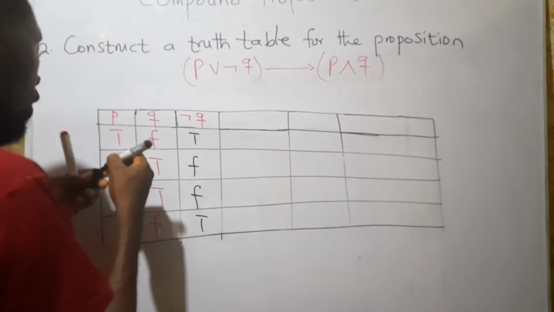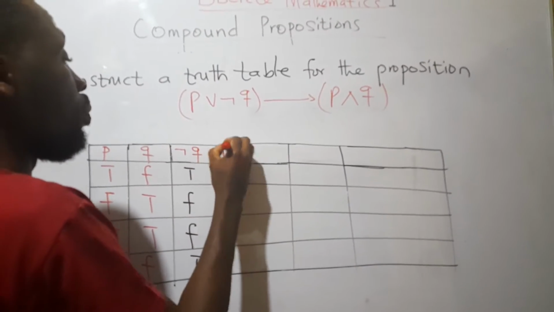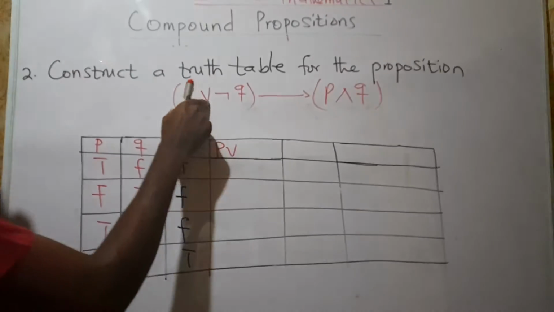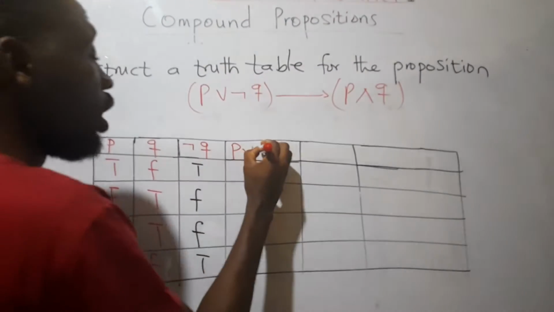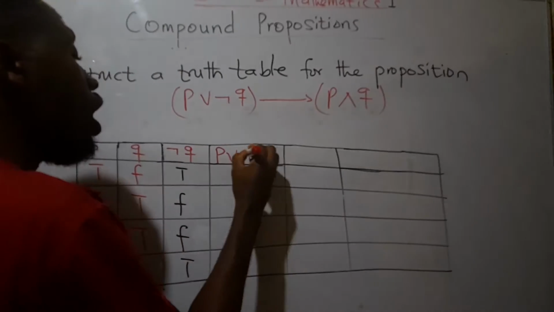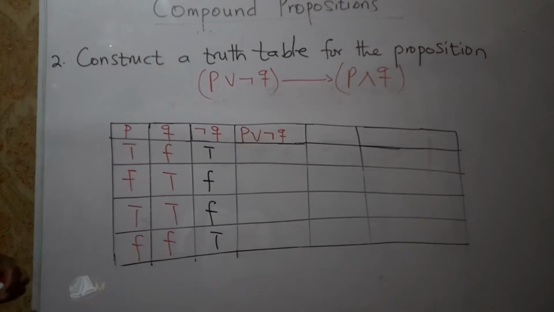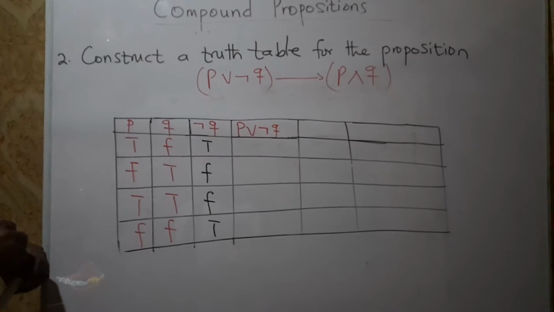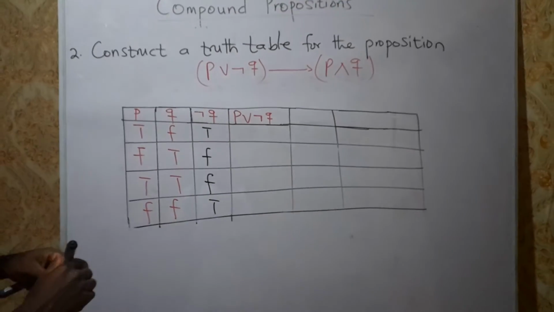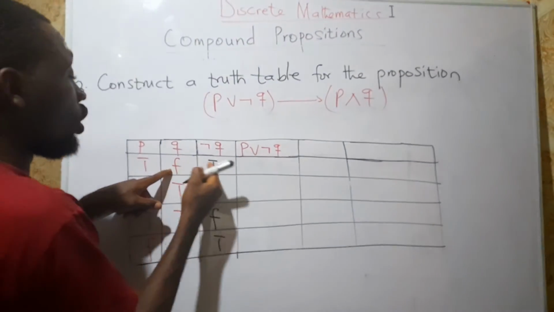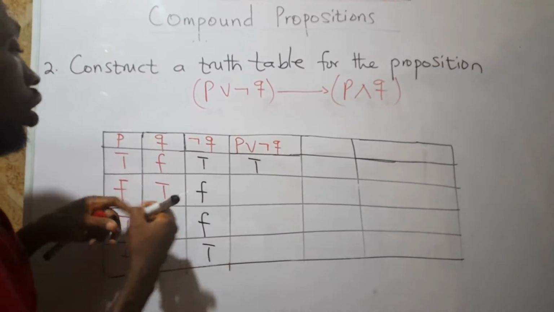Now we can find our P disjunction negative Q. And remember, in a disjunction statement, a statement is true when at least one statement is true. Otherwise, it is false. So it is only false when both statements are false. So this is false, this is true, it will be true.